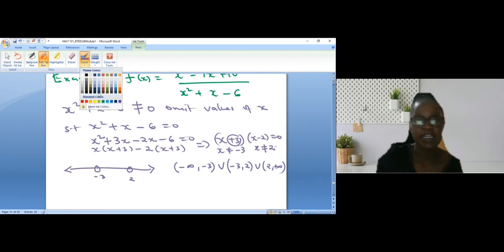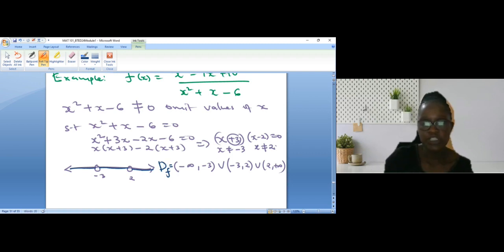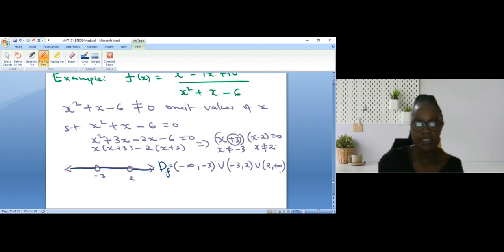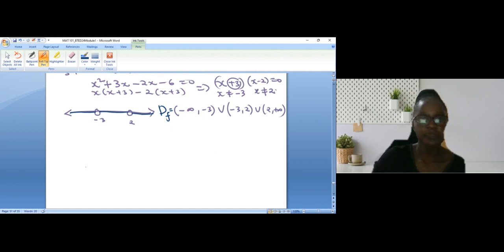You only consider the points, the blue points, remove negative 3, consider this interval in between, and after you remove 2, we have this as the domain of the function. So to find the domain of the function, you simply need to remove points at which you'll be required to divide by 0 or to find the square root of a negative real number. And that's how we find the domain of a function.